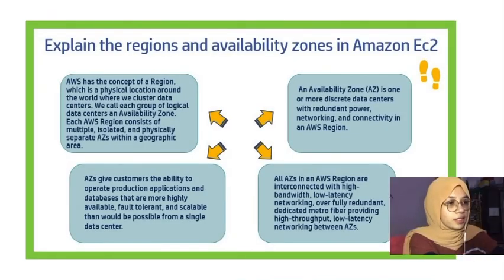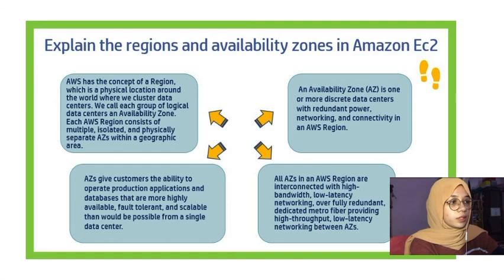The next slide explains the region and availability zone in Amazon EC2. AWS has the concept of a region, which is a physical location around the world where we cluster data centers. We call each group of logical data centers an availability zone. Each AWS region consists of multiple isolated and physically separate AZs within a geographic area.